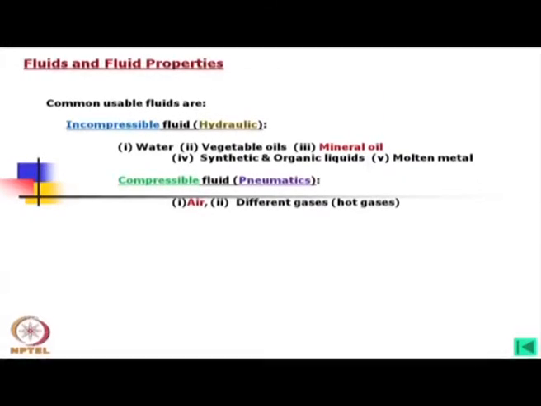Next, there are some vegetable oils, which were also used at an earlier stage, but at one point it was found that mineral oil, the petroleum based oil, has very good properties for use in fluid power systems.